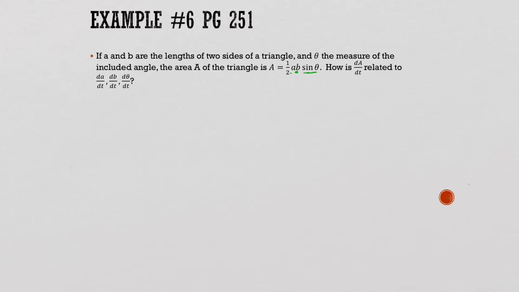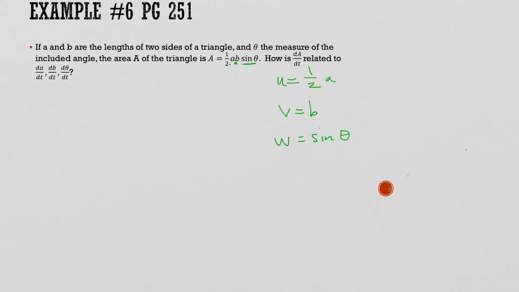So we're going to set up u equals 1/2 a, v equals b, and we'll say w equals the sine of theta. Then u prime is 1/2, v prime is 1, and w prime, derivative of sine, is cosine.